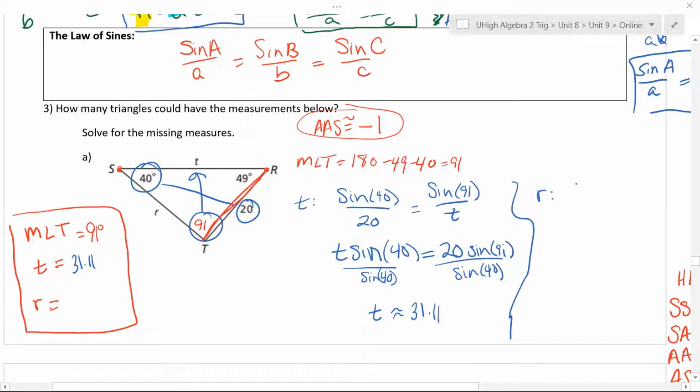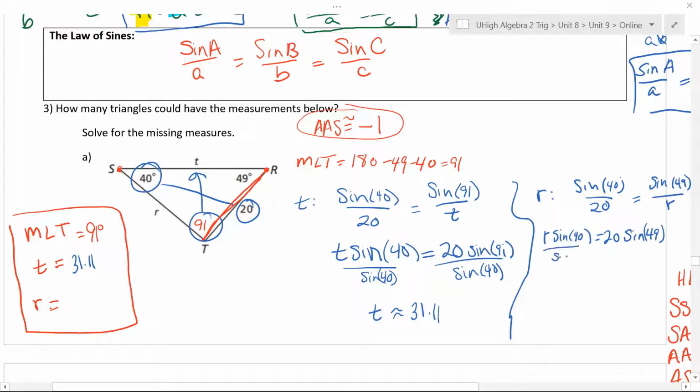I'm going to keep using that sine of 40 over 20 that I know to be true from S, but now I'm going to set it up with a ratio of R and R. So angle R is 49, so I have the sine of 49 over R, which is what I'm solving for. Again, I'm going to do cross products, so R times the sine of 40 equals 20 times the sine of 49.